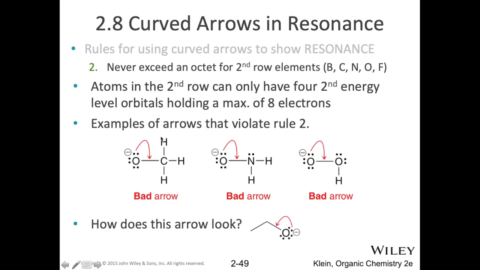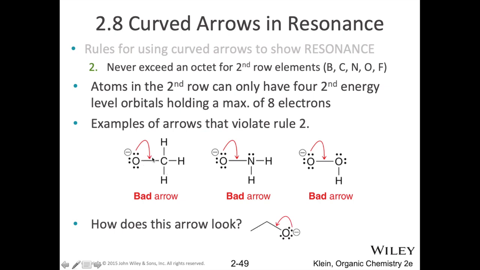Here are examples of where that happens. If these electrons were to swing to this oxygen-carbon bond, this carbon would now have 10 electrons around it. It would have 2 electrons from each of the bonds with hydrogen, so that's 6 electrons there.